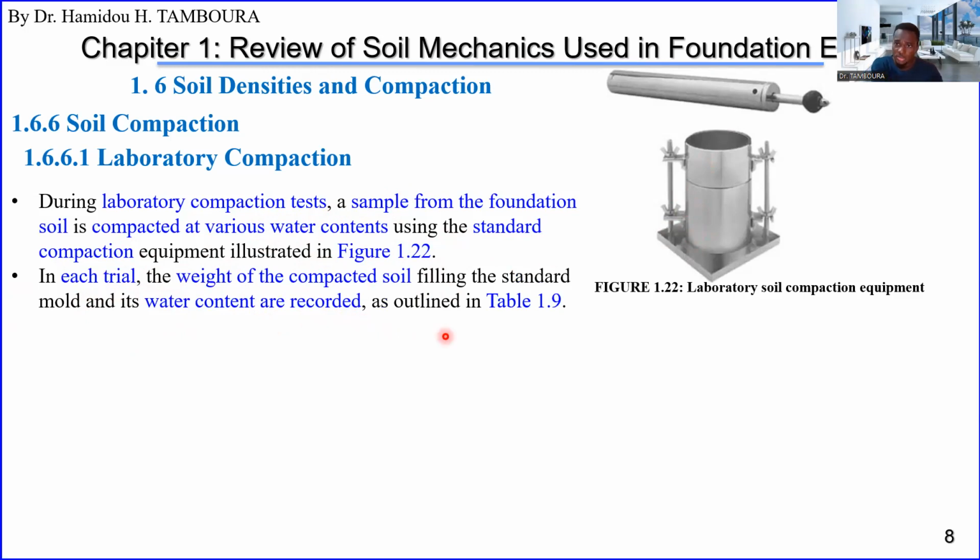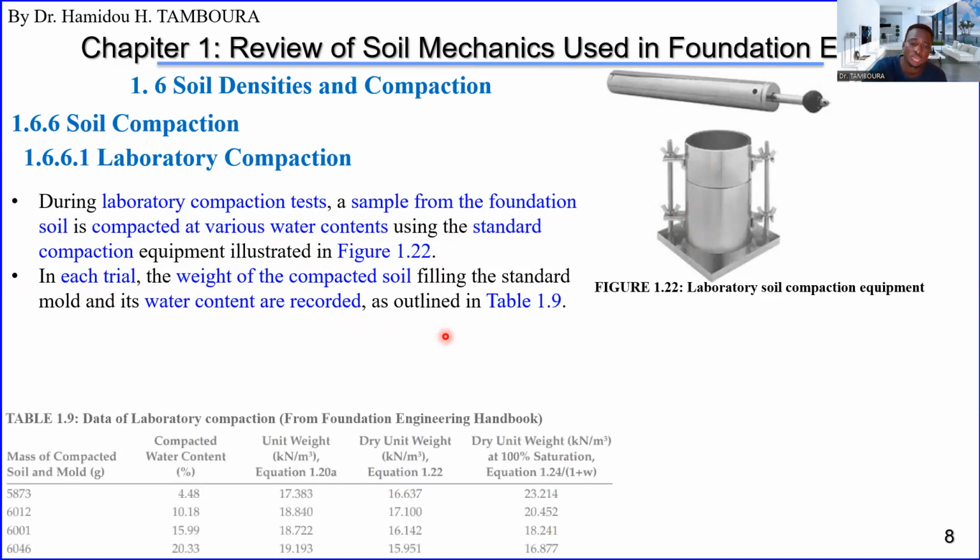You record them and you can make a table like this. The mass of compacted soil and the mold together. For example, here we have four trials, four tests. For this one, the mass of the soil and the mold all together is this one, so 5.8-something kilogram.